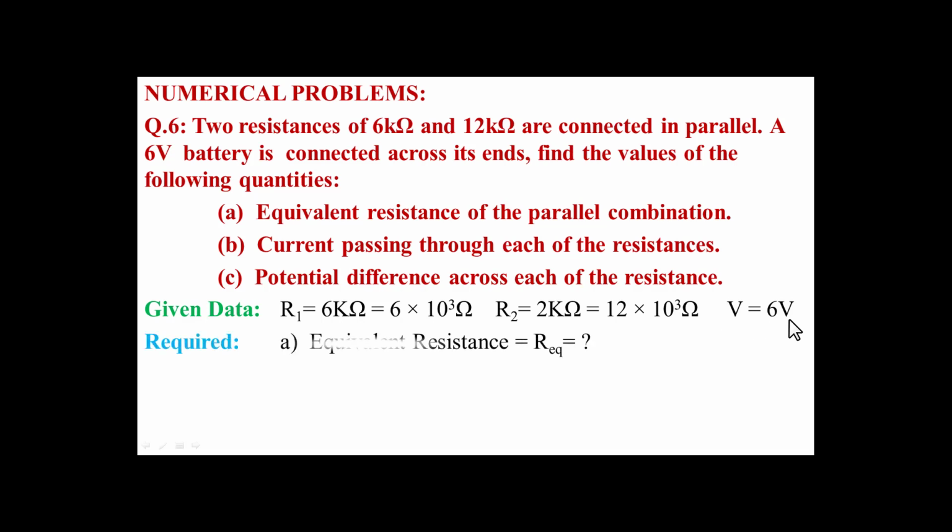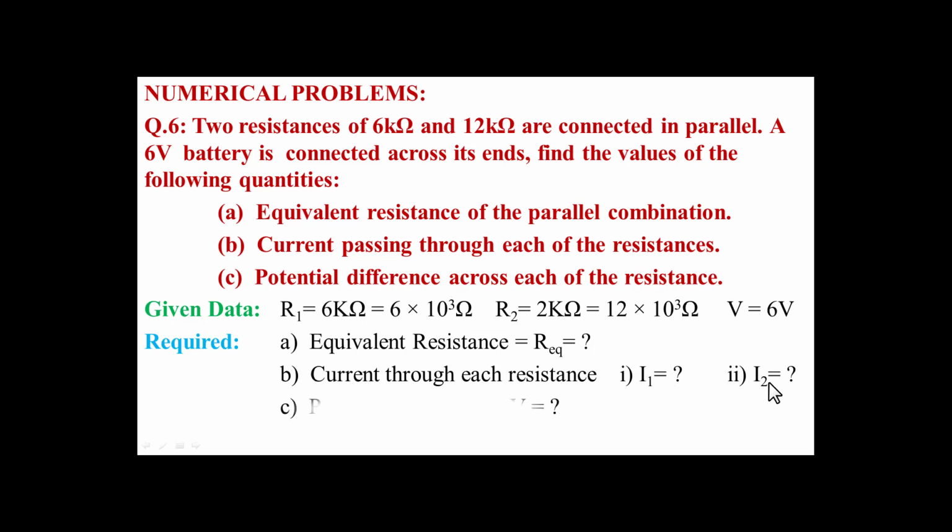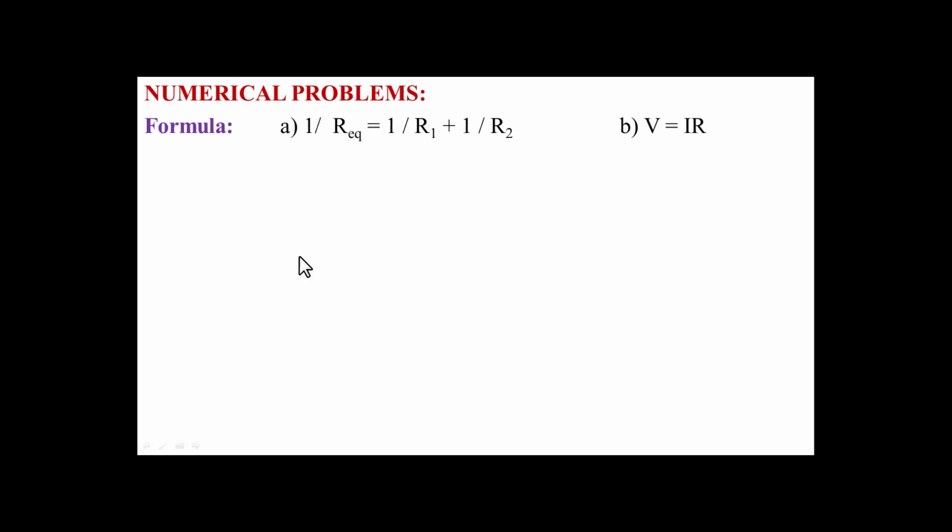Now we are required to find, in the first part, the equivalent resistance R equivalent; in part B the current through each resistance, I1 and I2; and in part C the potential difference across each resistor, denoted by V. Now we can write the formulas used in the solution of question number 6.